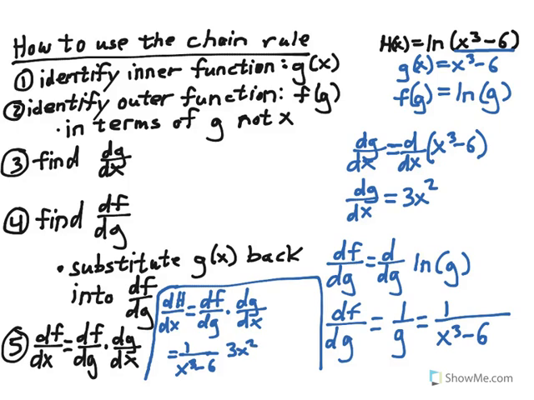And that's really as far as we can go. You can maybe do a little bit of simplification from here, but this is your answer for the derivative of the natural log of the quantity x cubed minus 6.